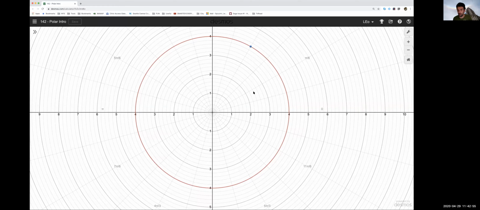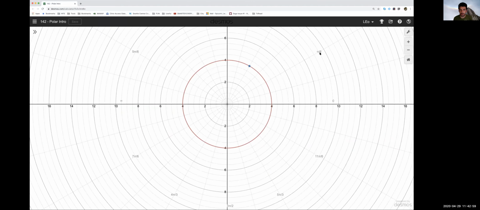We've got a polar graph, with circles at various distances. This red circle right now is representing the distance of 4. It's every point 4 units from the center. And then we've got these rays pointing out at various angles.